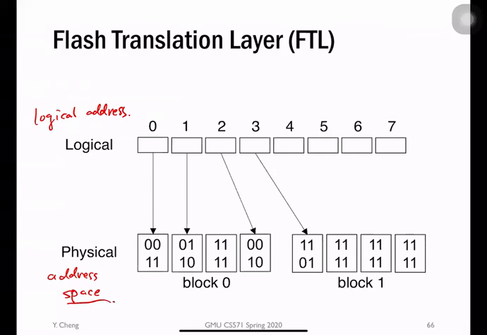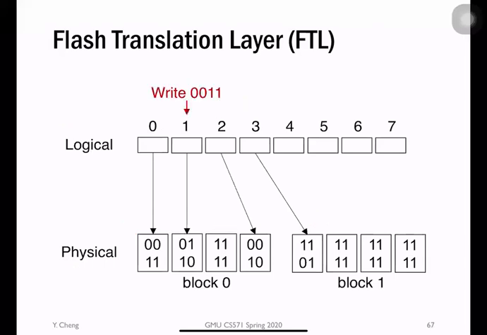In this example, logical address 0 gets mapped to the first page, which is page 0 of block 0. Logical page 1 gets mapped to physical page 1. Logical page 2 gets mapped to physical page 3. And logical page 3 gets mapped to physical page 4, and so on and so forth.